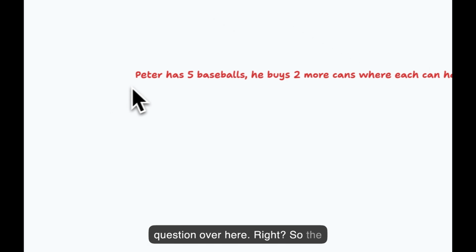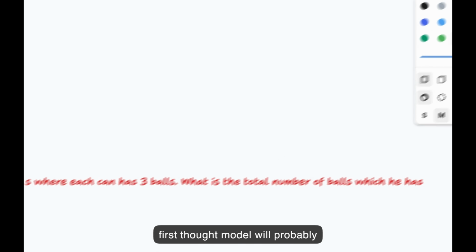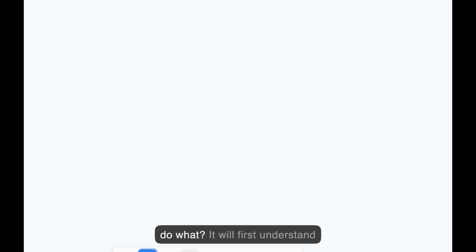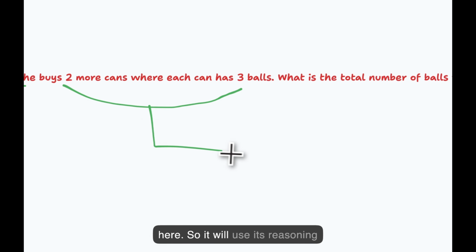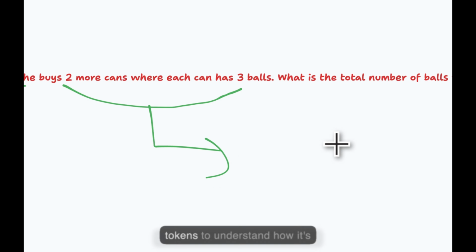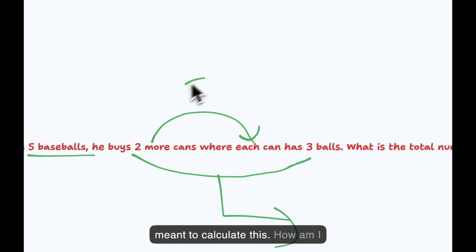A chain of thought model will probably do what? It will first understand the information which it has in its hand, that is 5 baseballs, and now it has to do reasoning over here. So it will use its reasoning tokens to understand how it's meant to calculate this.